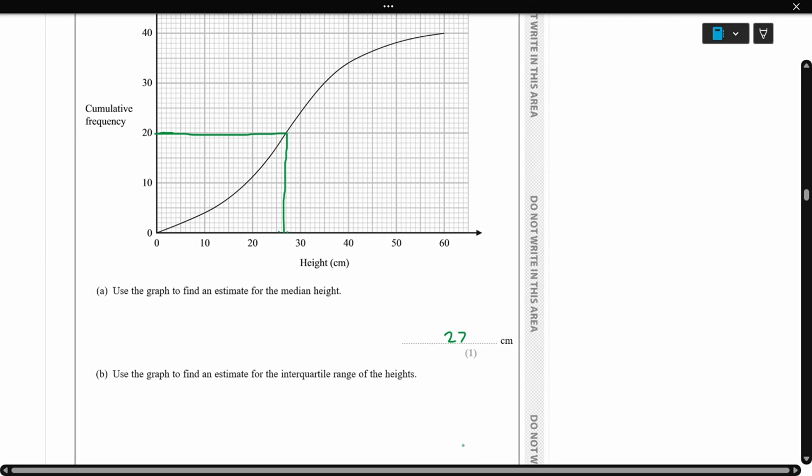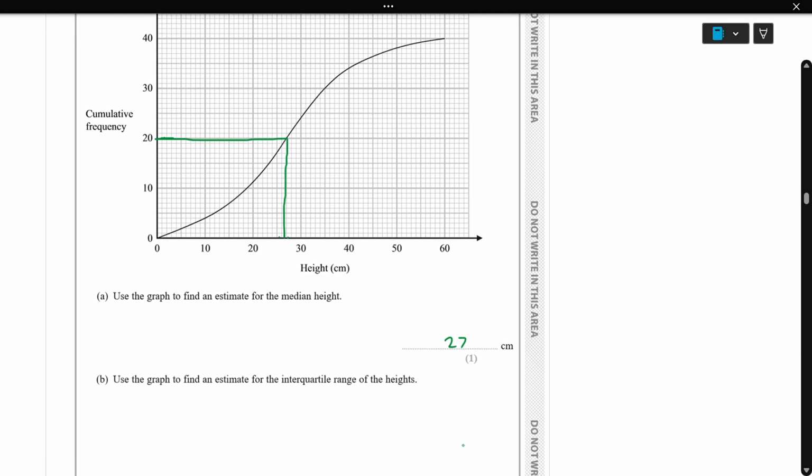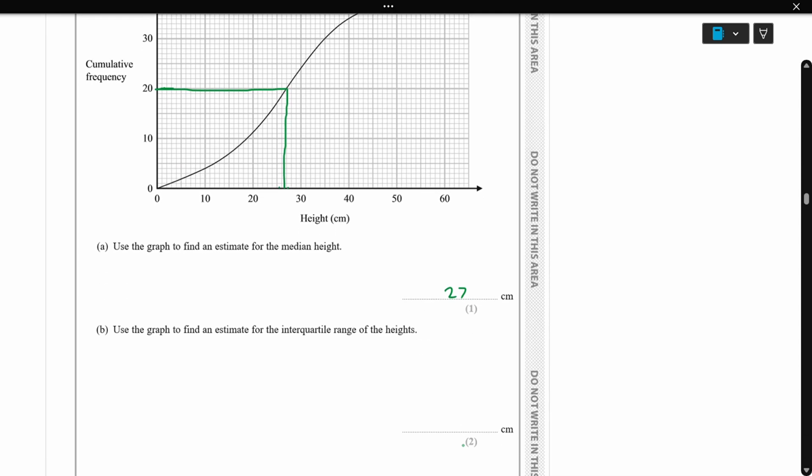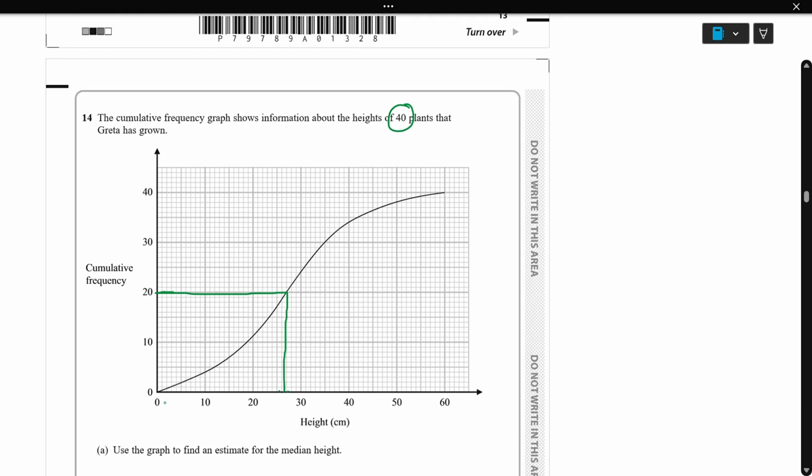Next, use the graph to find an estimate of the interquartile range of the height. Interquartile range is the upper quartile minus the lower quartile, quartile 3 minus quartile 1. Quartile 3 is 3/4 of the data, 3/4 of 40, which is 30.